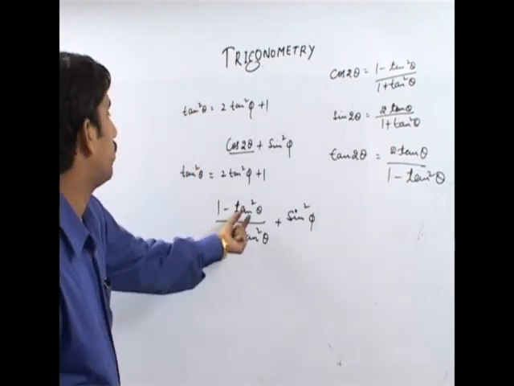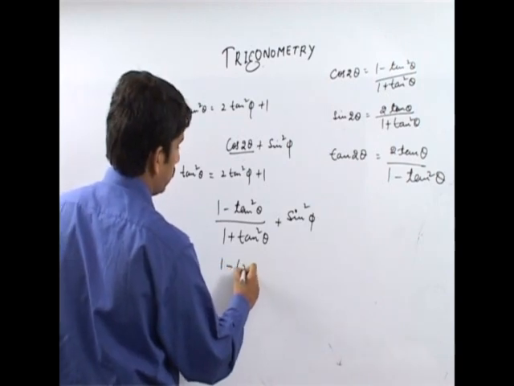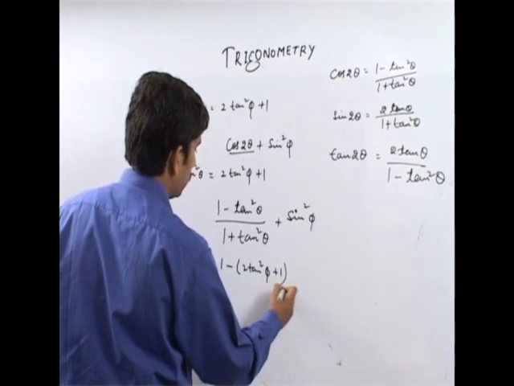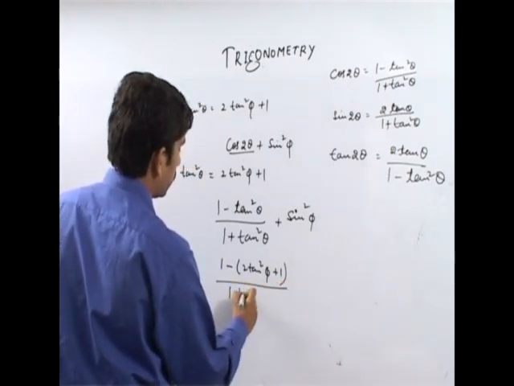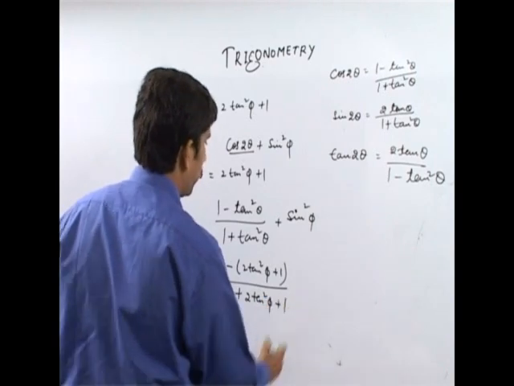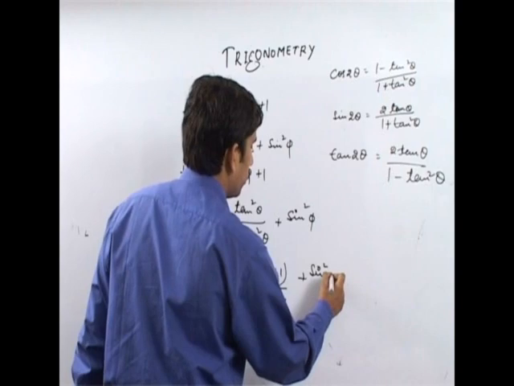Now put the value of tan square theta from here, you will get 1 minus 2 tan square phi plus 1 over 1 plus 2 tan square phi plus 1 plus sin square phi.